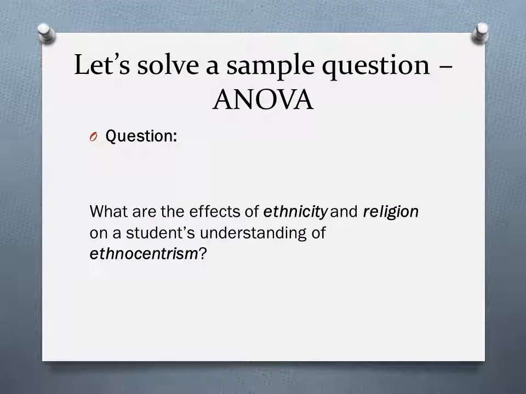So let's solve a sample question. We're going to use the question presented in the analysis of variance: what are the effects of ethnicity and religion on a student's understanding of ethnocentrism?